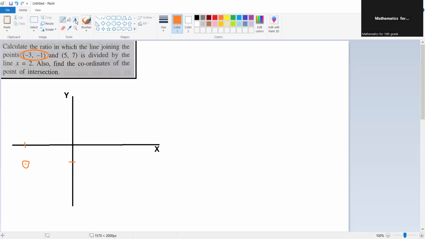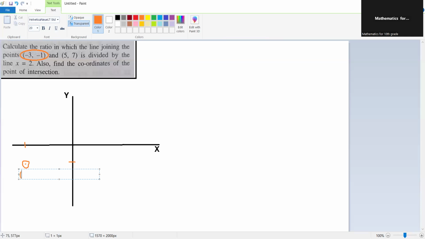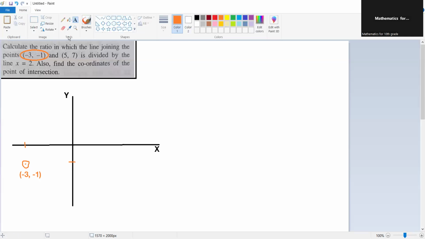This is (-3, -1). And the other point, I'll mark in blue, is (5, 7). So 5 is positive x, somewhere here, and 7 should be somewhere up.